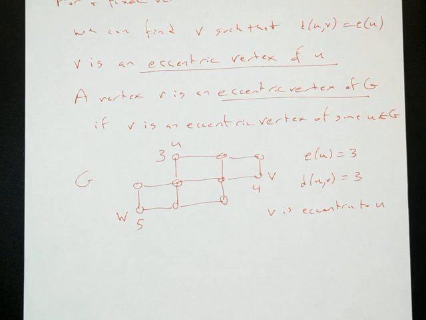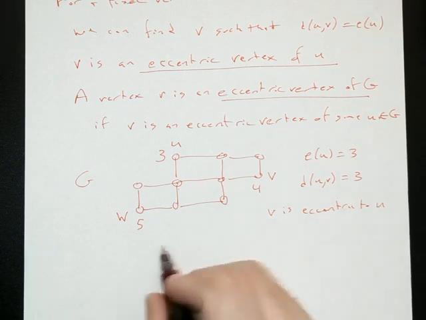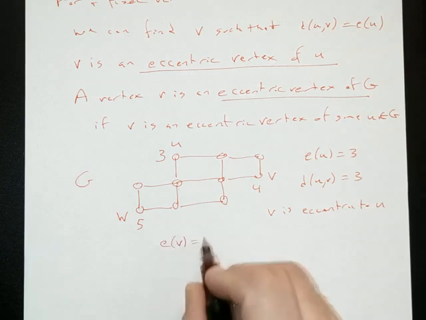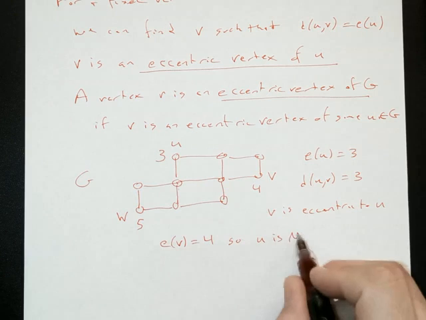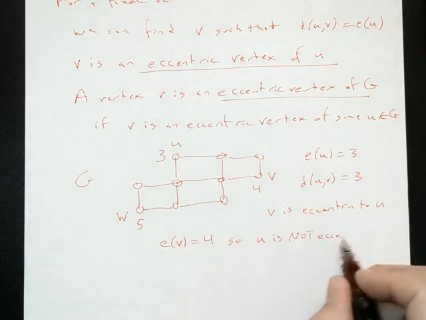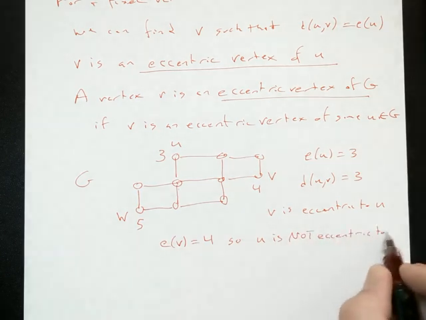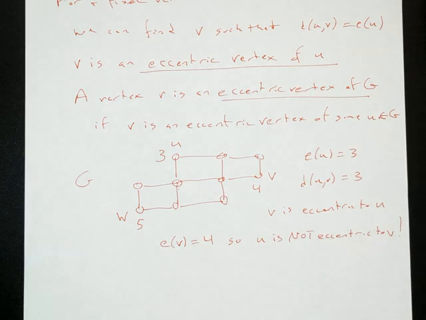So V is eccentric to U, but U is not eccentric to V. This is not a symmetric relation on vertices.